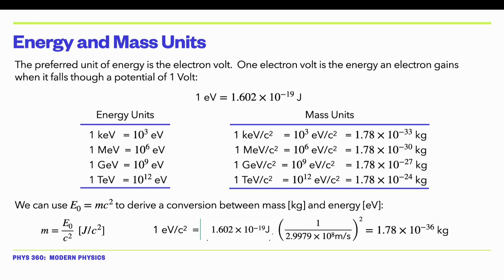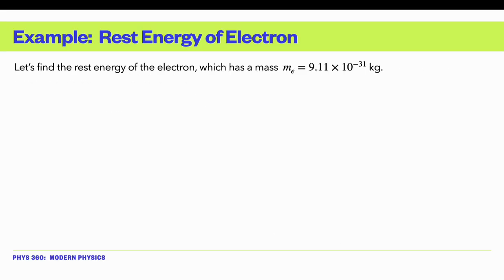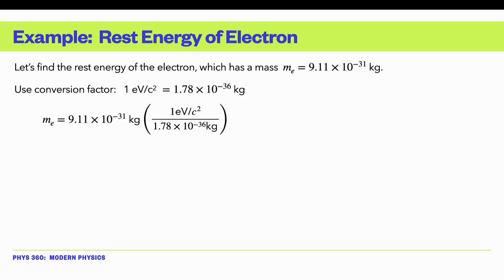Just like in energy units, it's more common to work in keV per c squared, MeV per c squared, and so on. So let's actually calculate the rest energy of the electron. Again, the mass of the electron is 9.11 times 10 to the negative 31 kilograms. We can multiply that mass by the conversion factor that we just calculated on the previous slide.